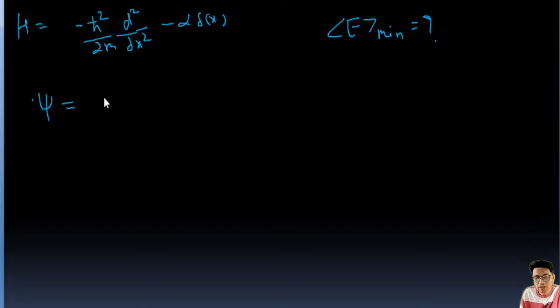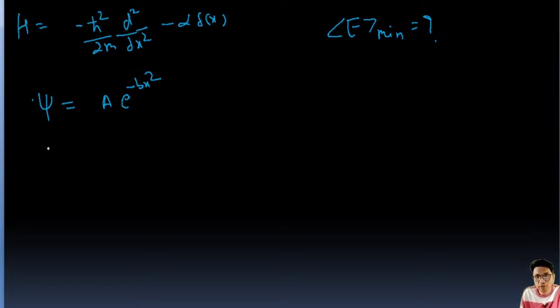So psi, which is the trial function of x, is given as A e to the power minus b x square.